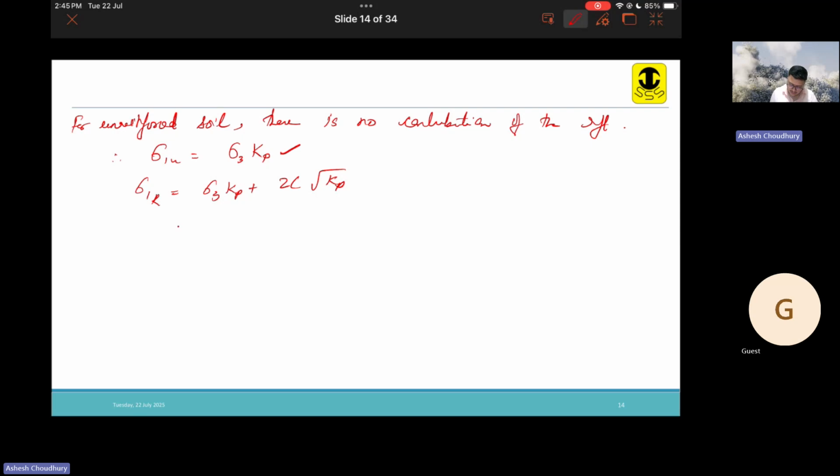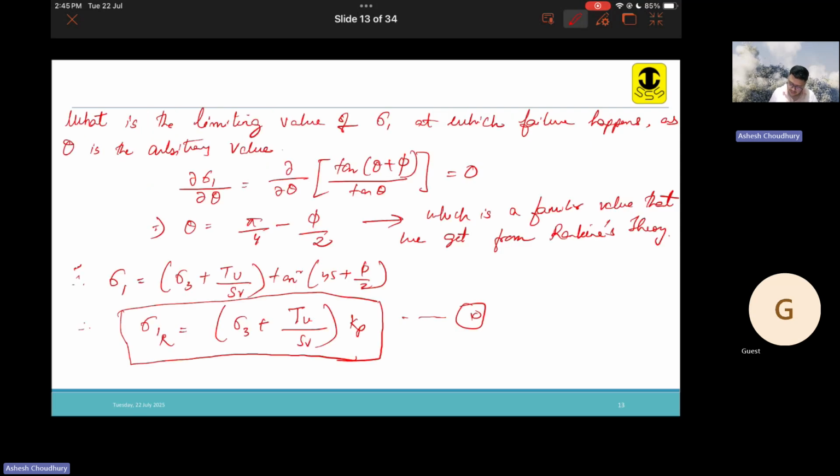For the reinforced case, we have this one. Again, we know that for the reinforced case, we are getting this equation here.